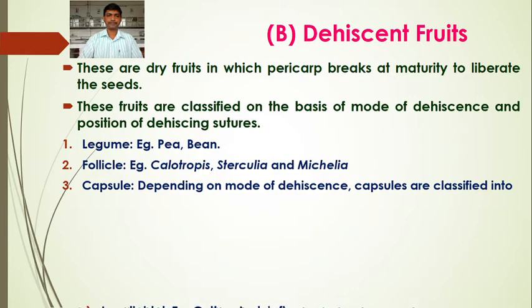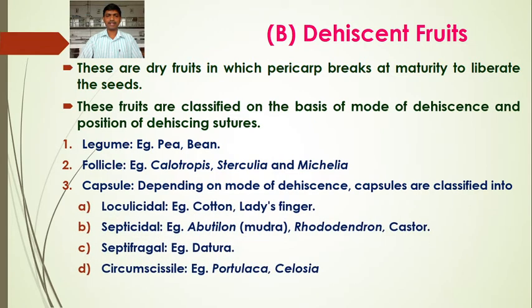These are loculicidal, cotton, lady's finger; septicidal, rhododendron, castor, abutilon; septifragal, for example datura; circumscissile, portulaca, celosia. So these are the various types of dehiscent fruits. Now one by one we are going to study these different types.